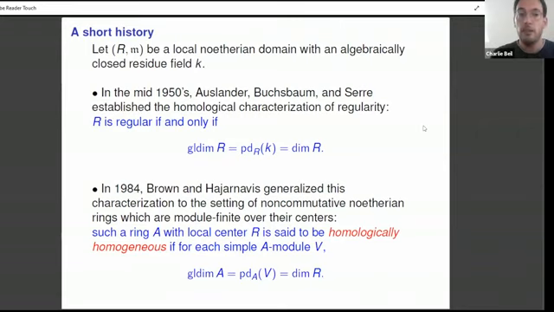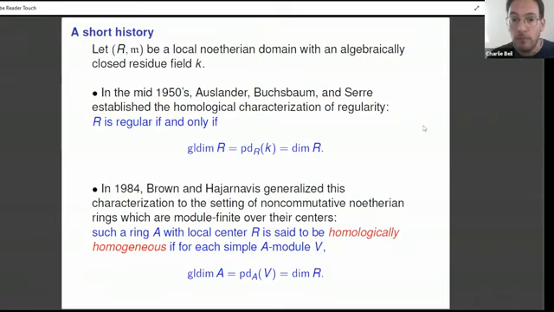So they took this idea and placed it in the non-commutative setting. They said such a ring A with a local center R is said to be homologically homogeneous if for each simple A-module V, the global dimension of A is equal to the projective dimension of V, and that's equal to the Krull dimension of R.